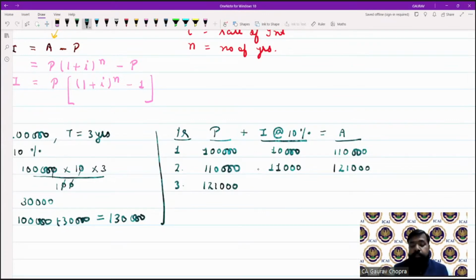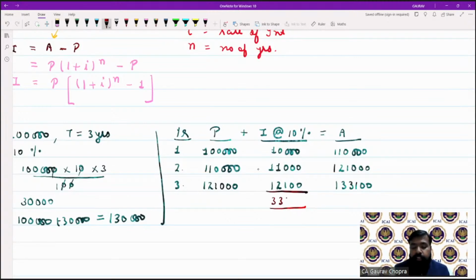Now add 10%. 10% of this is 12,100. So the total will be 1 lakh 33,100. This is the total amount. Now, if we have to calculate the total interest earned, we can add all the interest values.